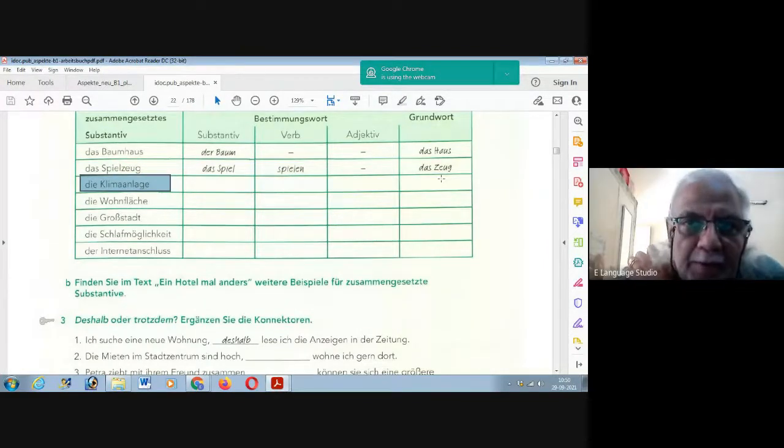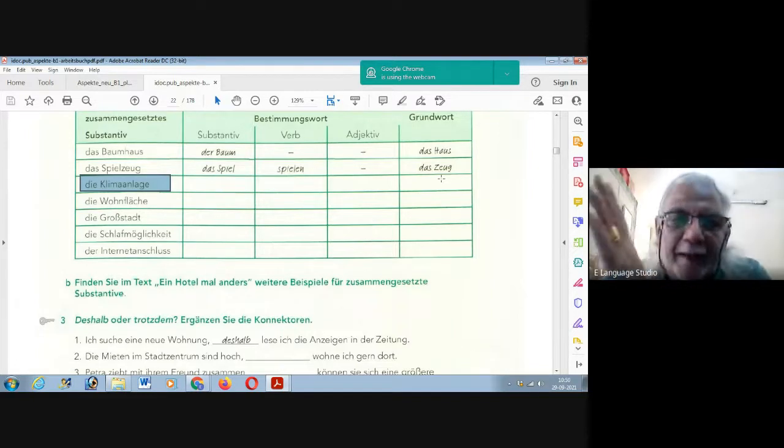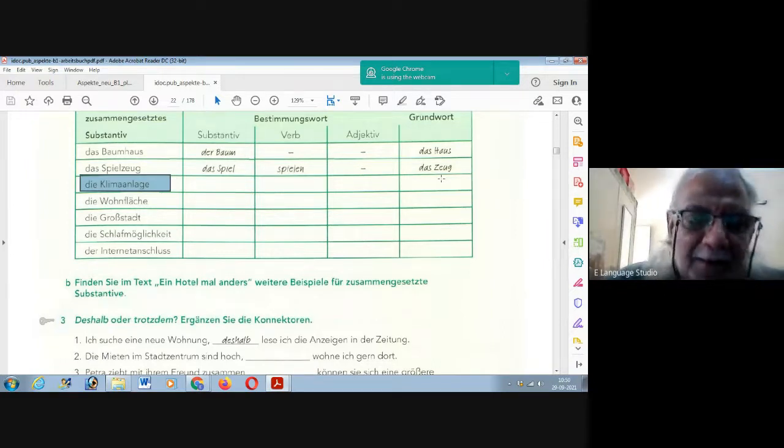So as a unit or a device or an installation for creating the right climate. So that is air conditioning. It conditions the air. So work your way backwards. Then the meaning becomes clearer. You will make fewer mistakes in guessing the meaning. So here, Baumhaus is a tree house.